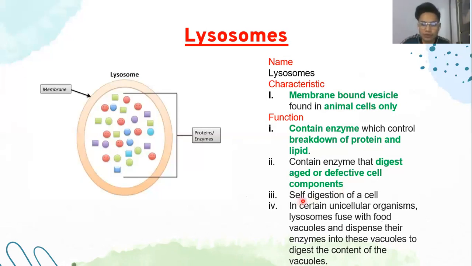It also carries out self-digestion of a cell, and in certain unicellular organisms, lysosomes fuse with food vacuoles and dispense their enzymes into these vacuoles to digest the content of the vacuole. You can see here the lysosome, which has a membrane, and inside it consists of protein or enzyme.